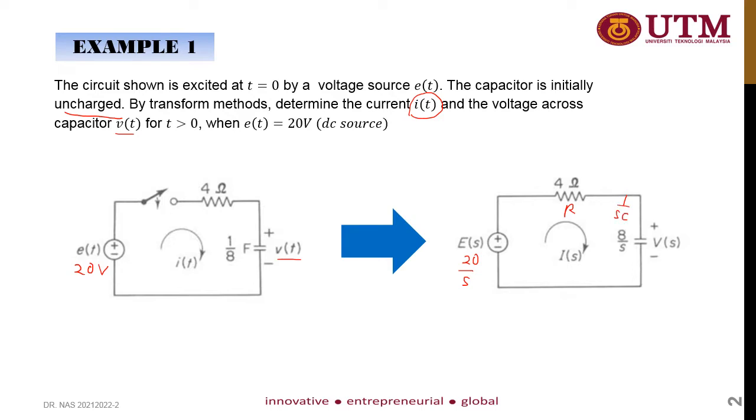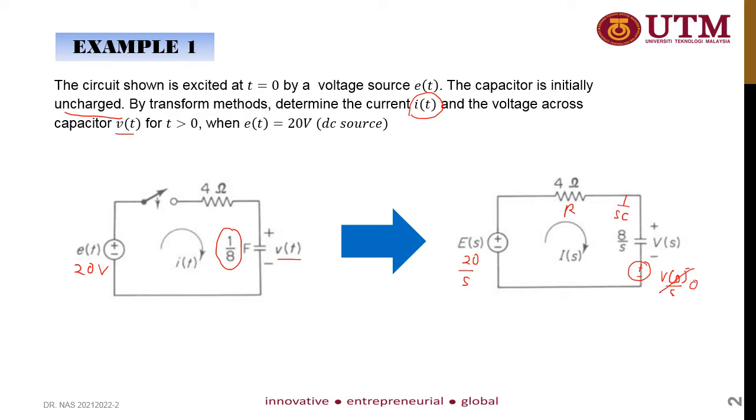Your C equals 1 over 8, so 1 over sC equals 8 over s. And supposedly you have a series additional source of V0 over s, but since there's no initial condition, this one is 0.